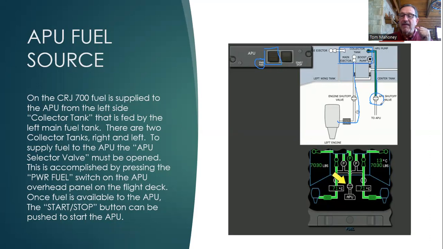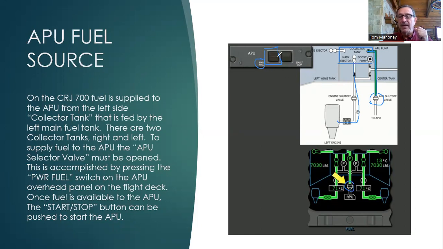Unless this valve is open, the APU can't get fuel, therefore it's not going to start. So when we push the power fuel button, this valve would open and then provide fuel to the APU. This is a status page that shows that the valve is closed.